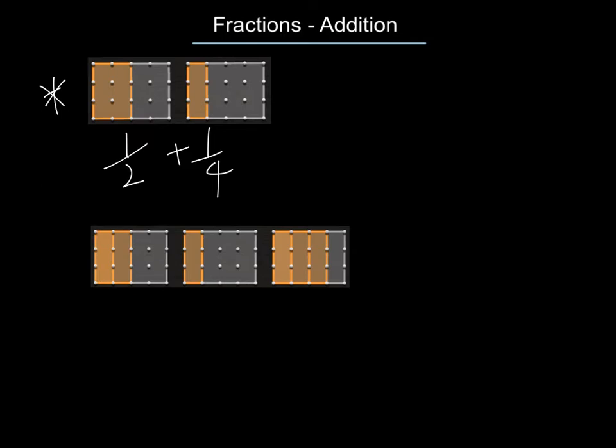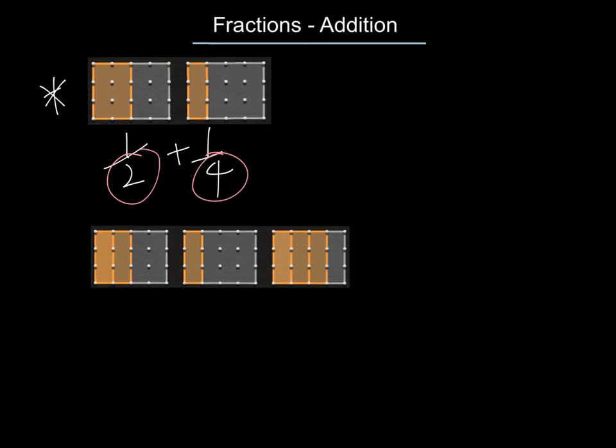They need to be the same size. What we need to do is change one or both of the fractions to be the same size pieces. So we try to think of a number that the denominator is going to. That is, a number that the 2 and the 4 both go into. And the lowest common denominator is always the best one to use, although it's not essential.